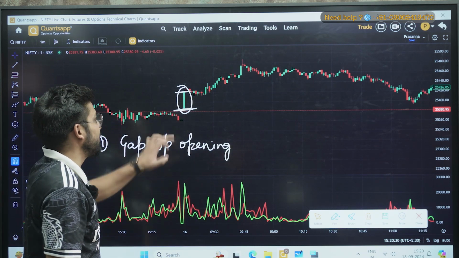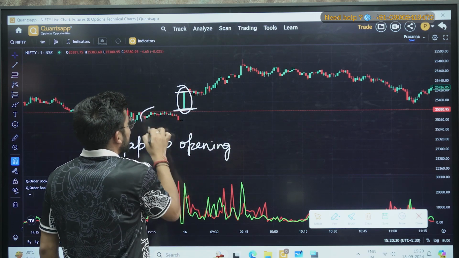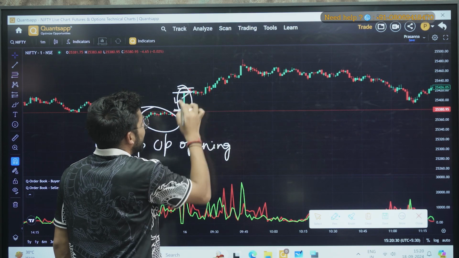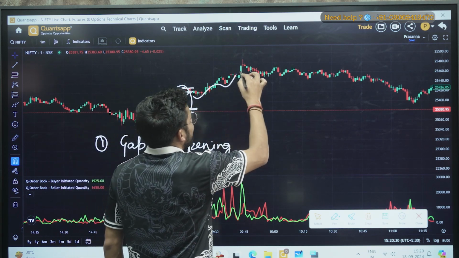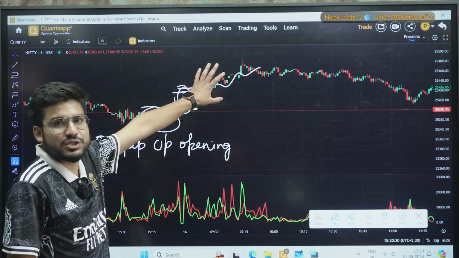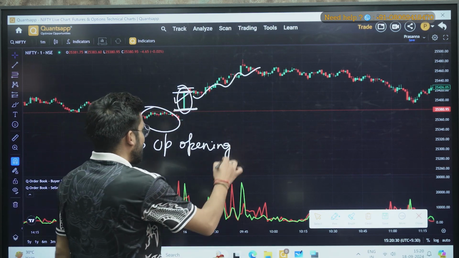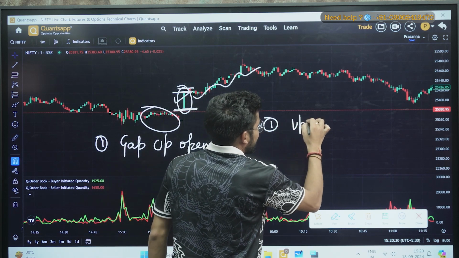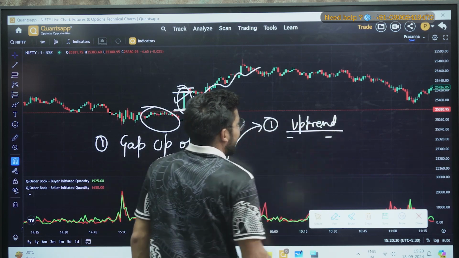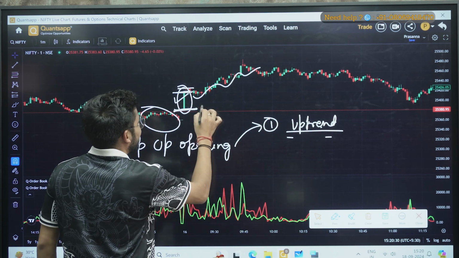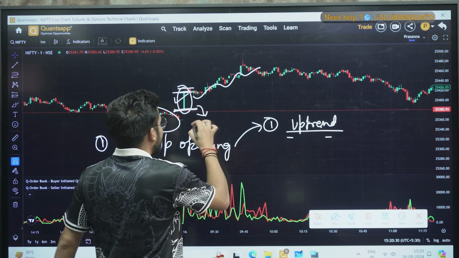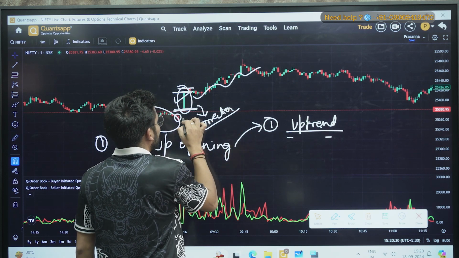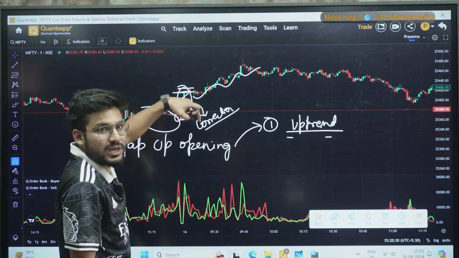If your market breaks its high, for example, this was the previous day's market and this was today's first candle, and my market broke the high of this candle, it means that is a bullish trend, or you can say an uptrend, right? And if the market breaks the low of this candle, it means the market is going for a correction, because it was a gap up open.